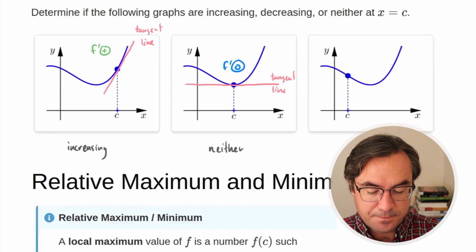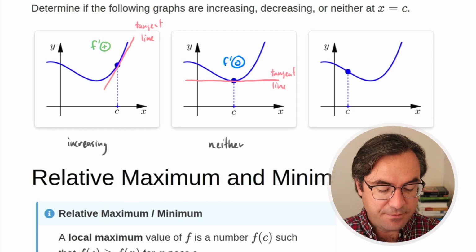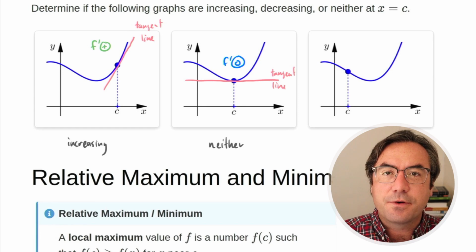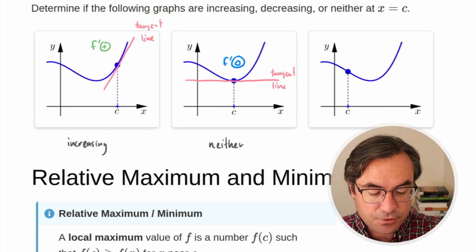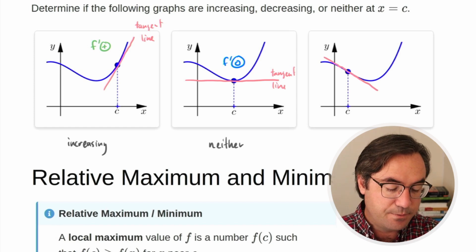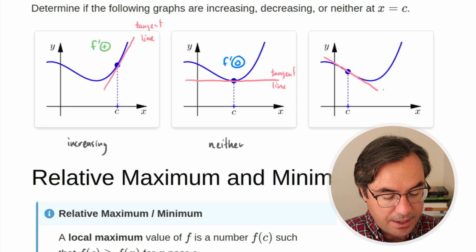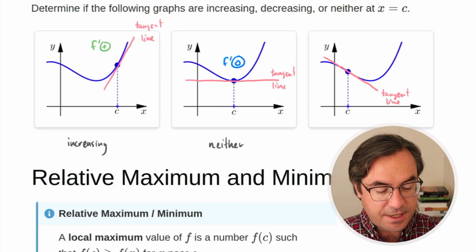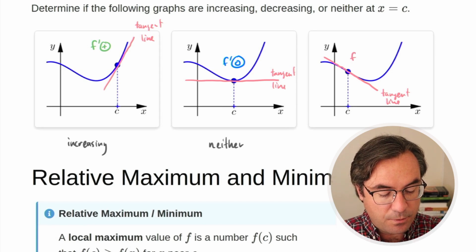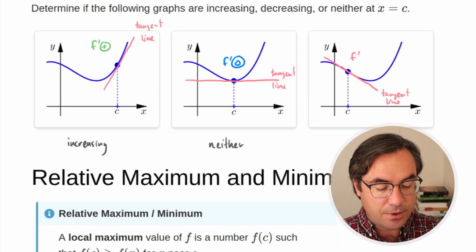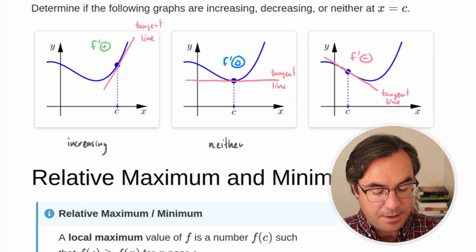And then our last example, same function, now we're just looking at a different point. Again, if we want to know if our function's increasing or decreasing, let's draw a tangent line and see where that tangent line is going. We've got our tangent line, and in this case, if we think about what f prime is, our tangent line is pointing down, so our derivative would be negative.